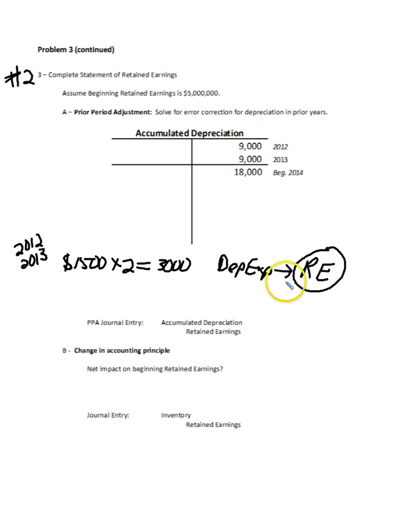So the point I want to make is, it's in two accounts. It's in this accumulated depreciation account, but it's also in retained earnings, where it would have been closed. So we need to reduce accumulated depreciation by that $3,000, and we also need to increase retained earnings, right?